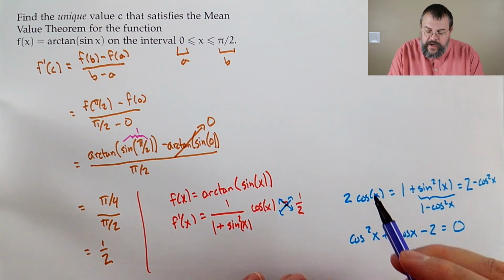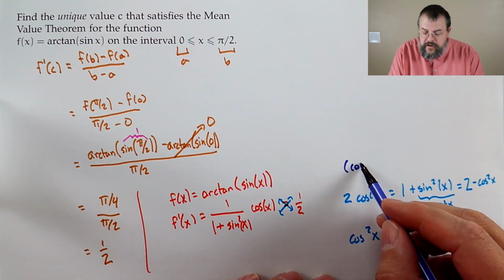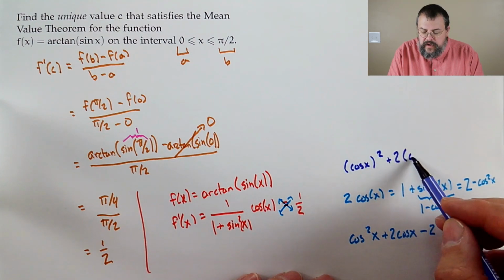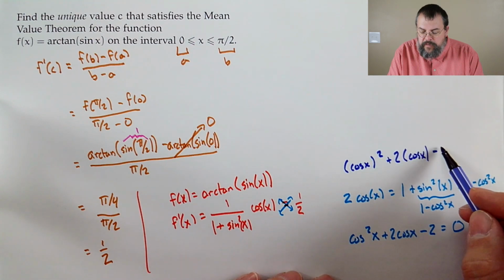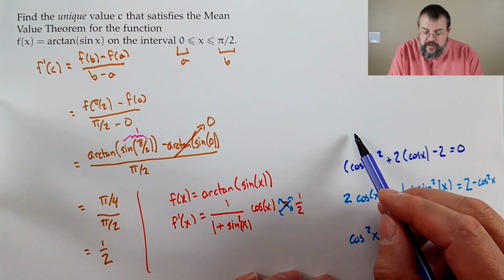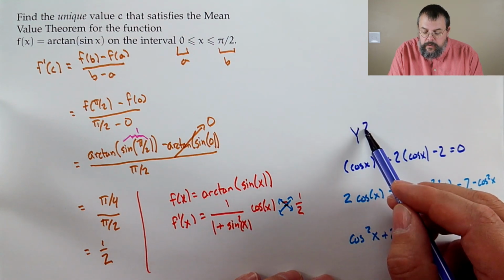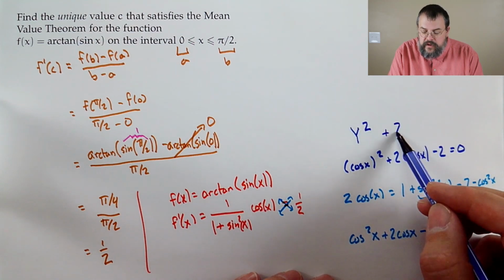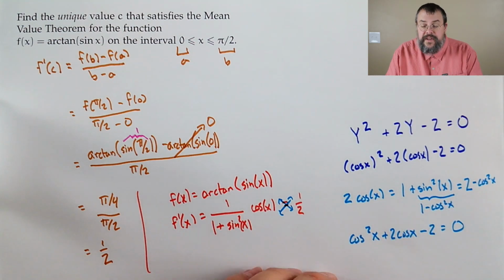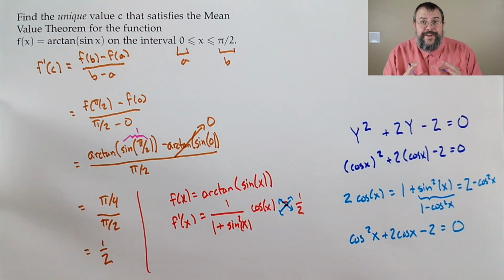This cosine squared of x, we could have written as cosine of x squared, then plus 2 times cosine of x minus 2 equals 0. So you can imagine I could temporarily give cosine x another name: y squared plus 2y minus 2 equals 0. And now, all right, we see that.